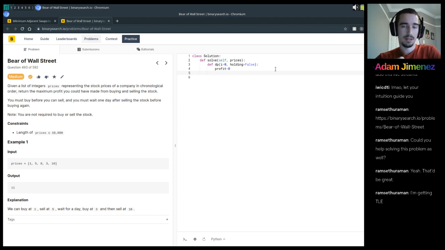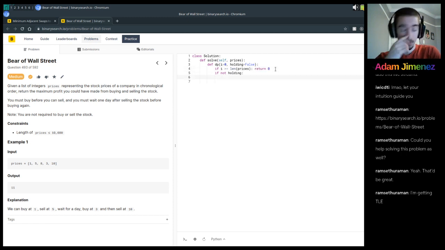If you're not holding a stock, you can either buy a stock at the current date or do nothing and just skip to the next day. So if not holding, actually I think we don't even need that. You can do: if i is greater or equal than the length of prices, then return 0, so we have our base case.